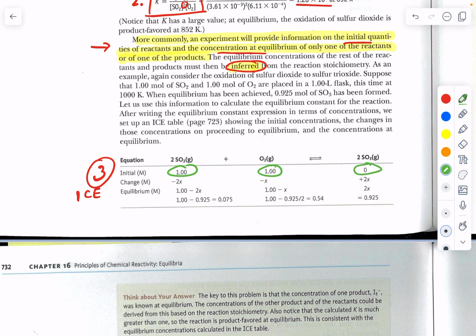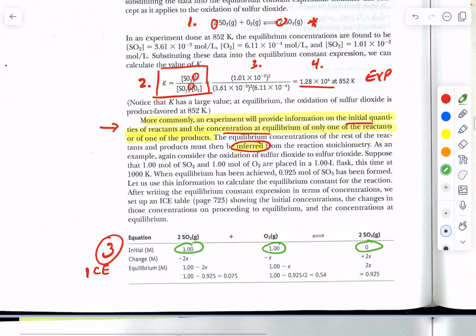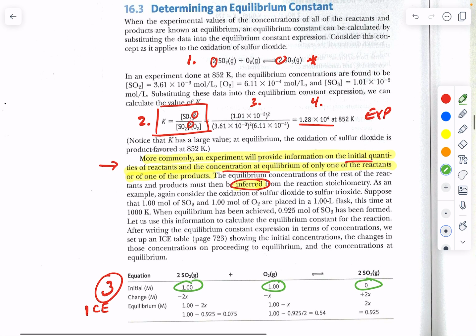At least it's implied, because you're at the very start of the problem. And then the other thing you're given, if we go back and check the information, is that you have your initial concentrations of your sulfur dioxide here and your oxygen there, and then your sulfur trioxide at equilibrium is right there.